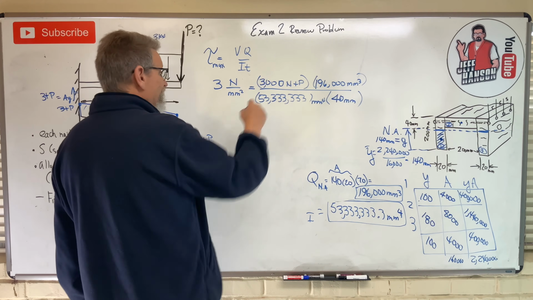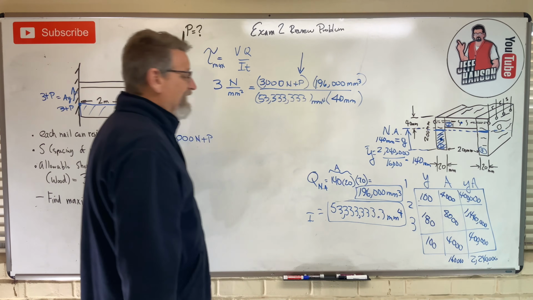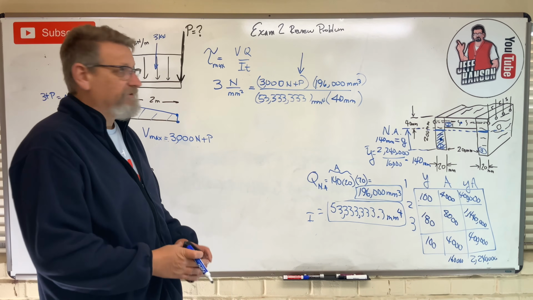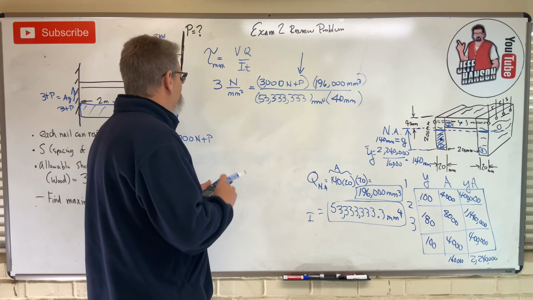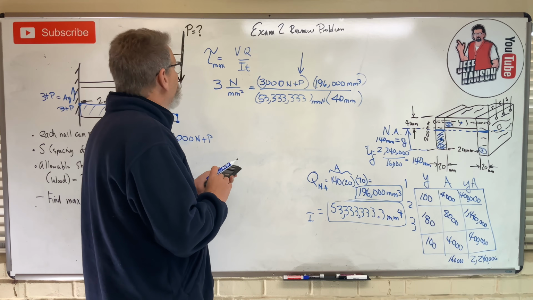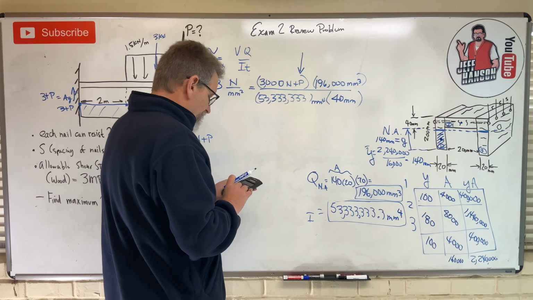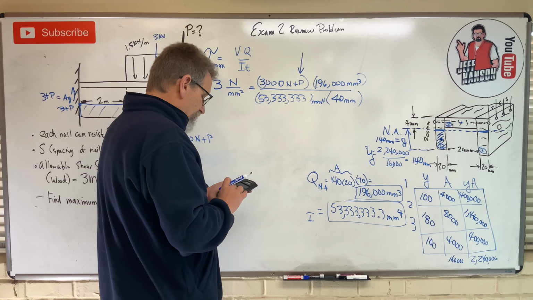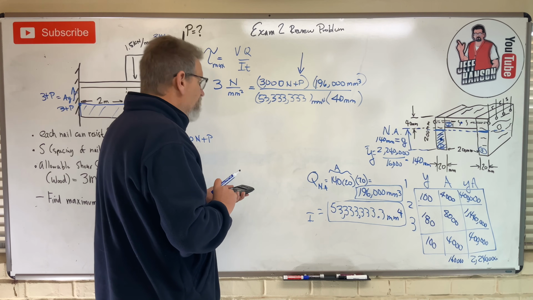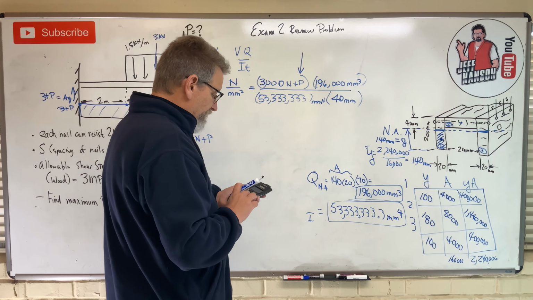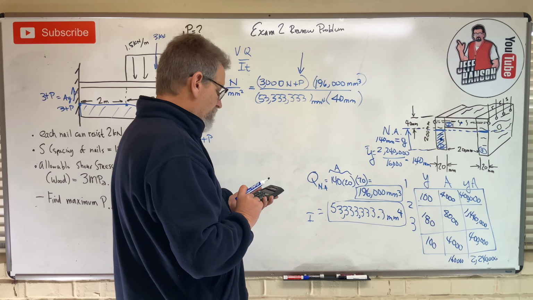So boom, what do I got here? I got an equation with one thing in it, and that is P. My answer for P here is going to be in newtons, isn't it? Oh, I don't know if we can do this or not. Let's see. 3 times, I'm multiplying all this bottom stuff, times 40 times 53 million, divided by 196,000, equals.